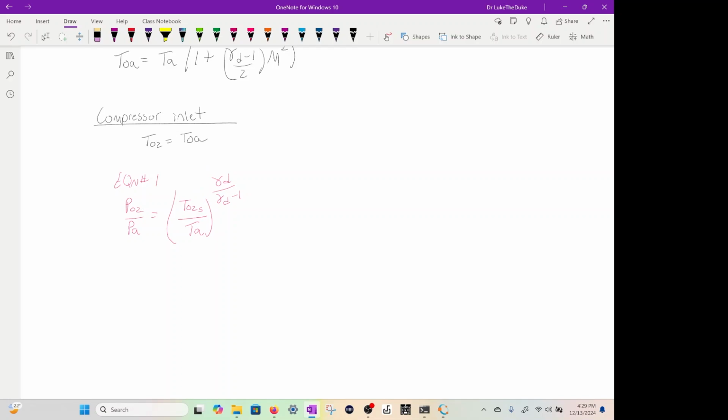And the other equation we'll have, I'll put right here, equation 2. This is that efficiency equation that I talked about. Eta D equals H naught 2S minus HA over H naught 2 minus HA.